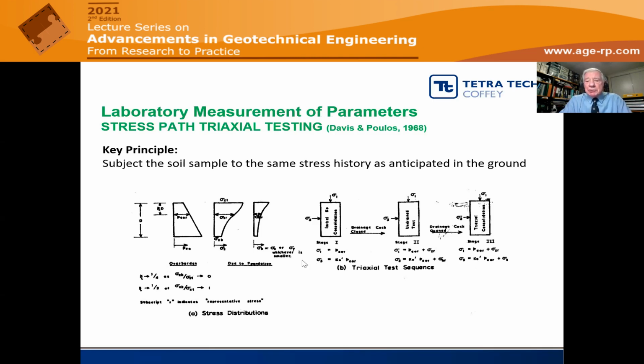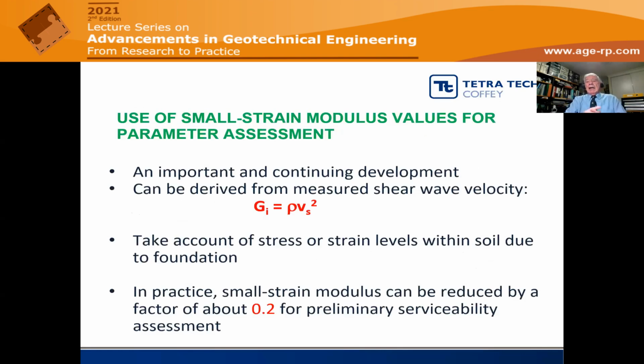That has been used fairly extensively, but as time goes on, people tend to use less of this sophisticated laboratory testing and more in situ testing. In terms of in situ testing, one of the important developments over the past couple of decades has been the use of small strain modulus values.